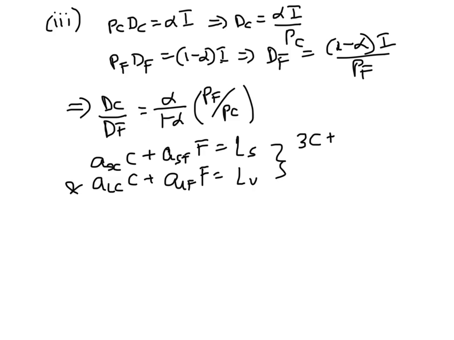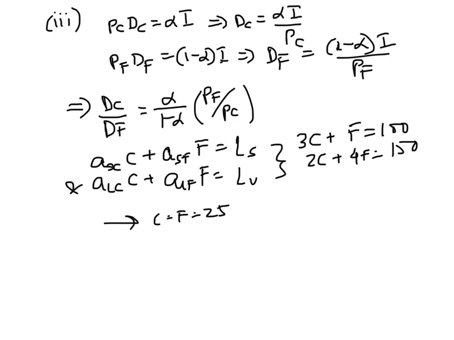So this means that the amount of both goods being produced in autarky is 25. So QC over QF, the relative supplies, just equal to 1.